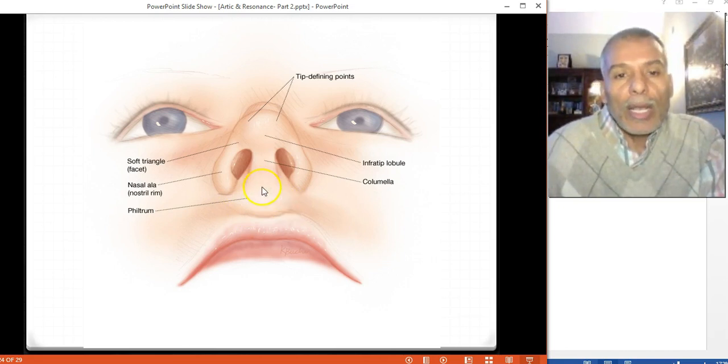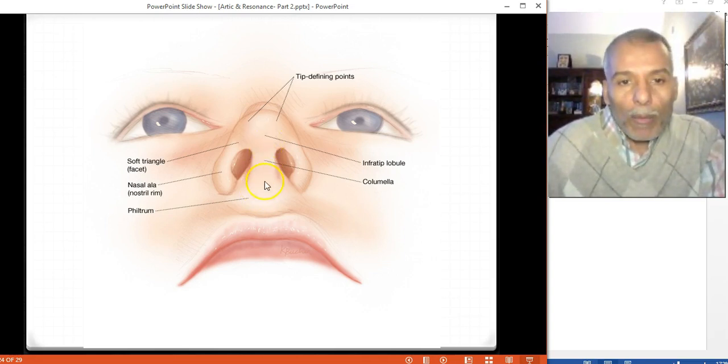And we discussed also the nasal base here, and the little columella that is the tissue between the two nares, and the alar rims, or nasal ala, like this curvature of the side of the rim of the nostril, and the apex of the nose.